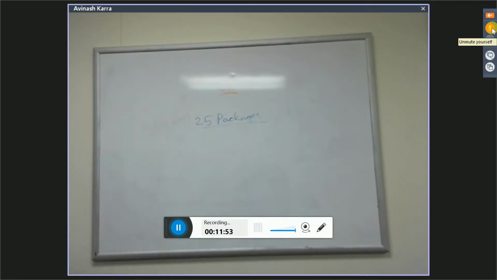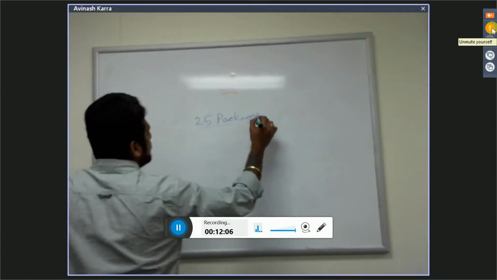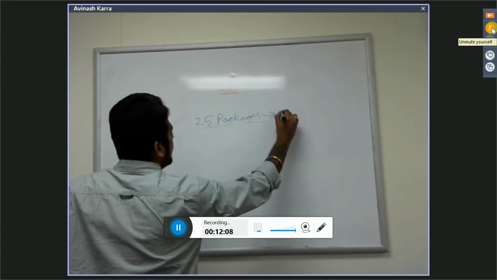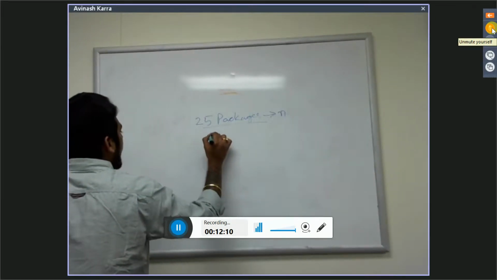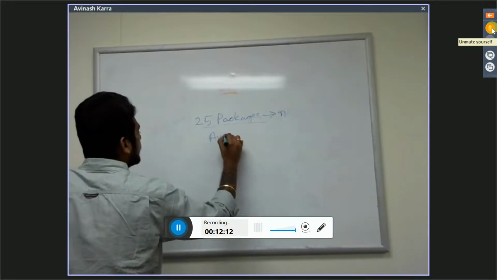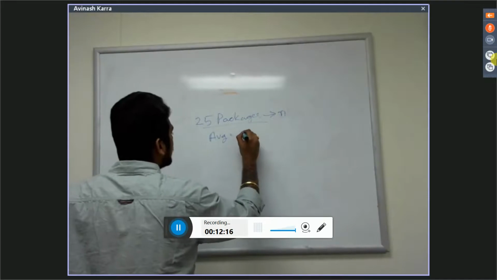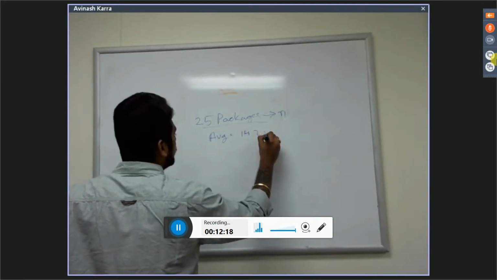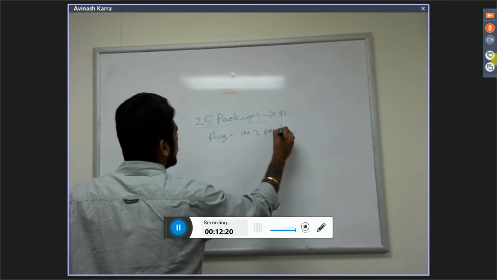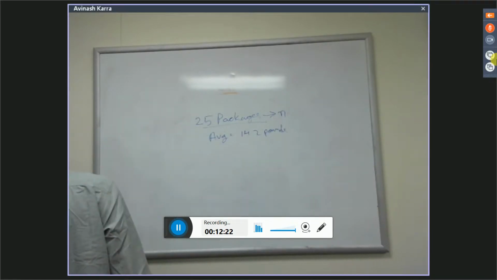In example one, a truck driver picked up 25 packages whose average weight was 14.2 pounds. These are 25 packages. You can make it as numbers. And what is the average weight given? 14.2 pounds. And what did he ask?